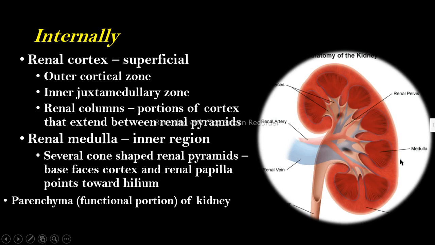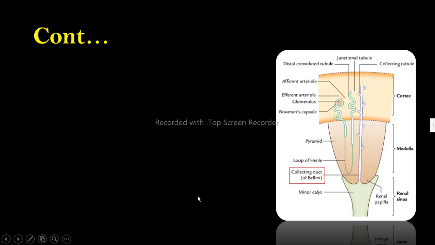Now the whole of this, the renal cortex and the renal medulla, together with the renal pelvis, can be referred to as the renal parenchyma of the kidney, which is where filtration or urine formation is concerned.